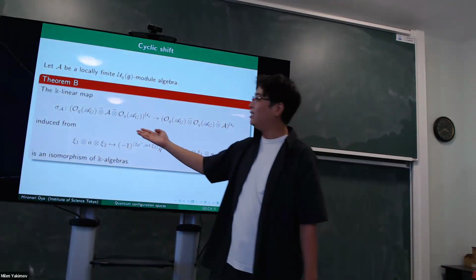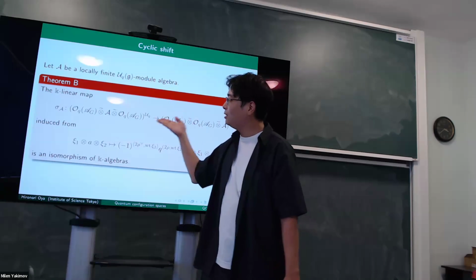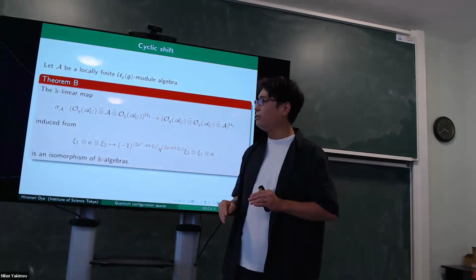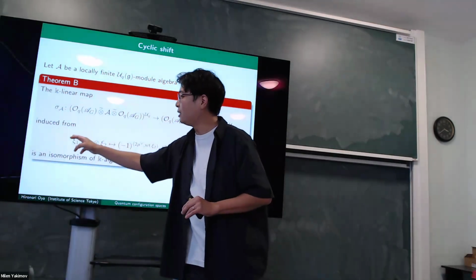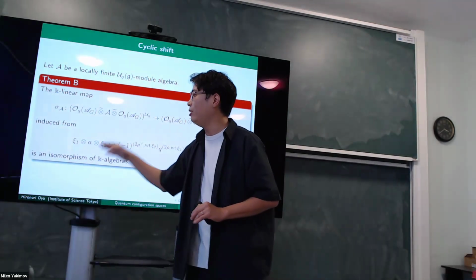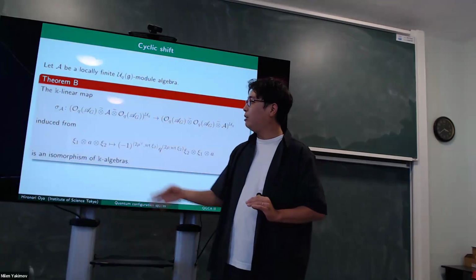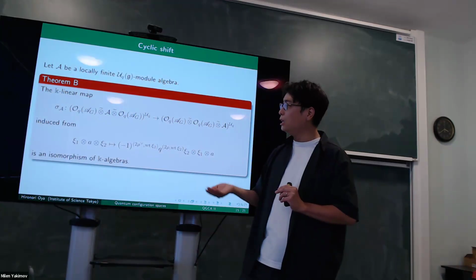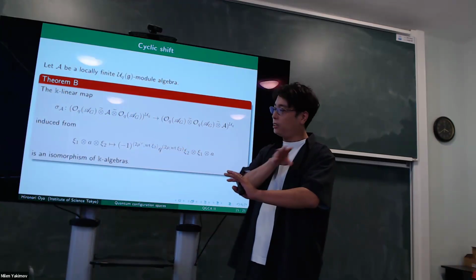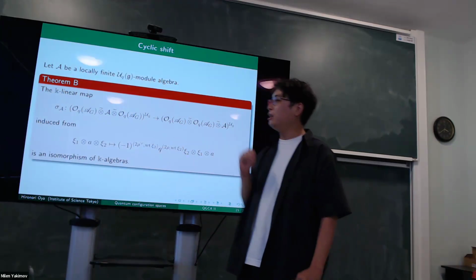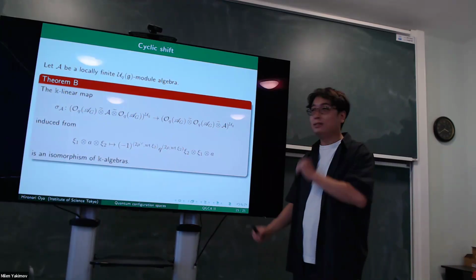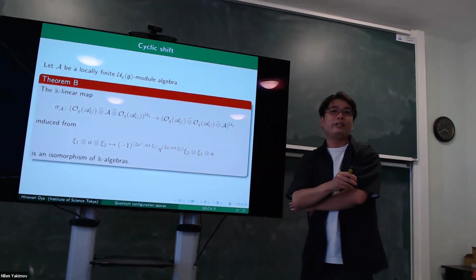As I mentioned, the element of this space is always written as a sum of this kind of element. If we apply this map to each summand, then it becomes an isomorphism of algebras. Then we have this cyclic symmetry.